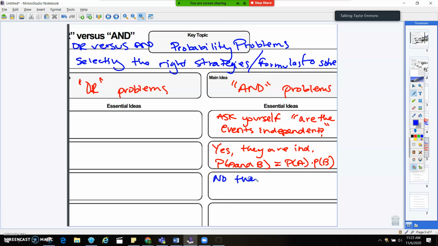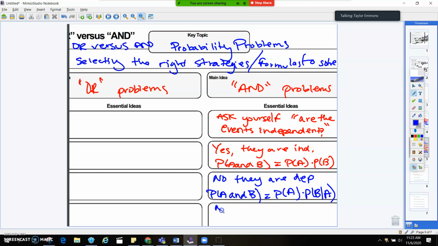If they are dependent, then the probability of A and B is going to be the probability of A times the probability of B given A. Notice how there's just a slight difference between those two formulas. They're still multiplying, but you're taking into account that A depends on B, or B depends on A in this instance.